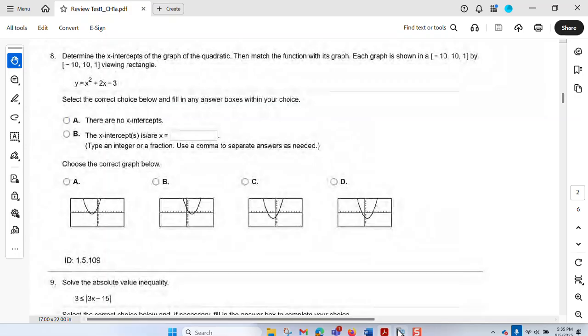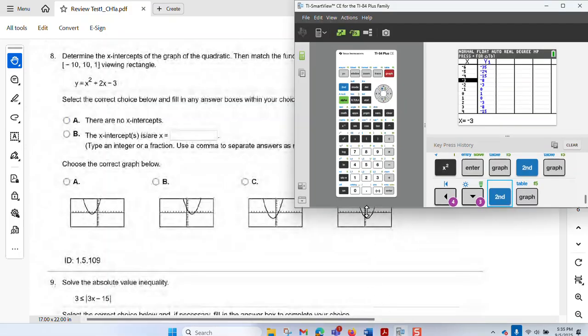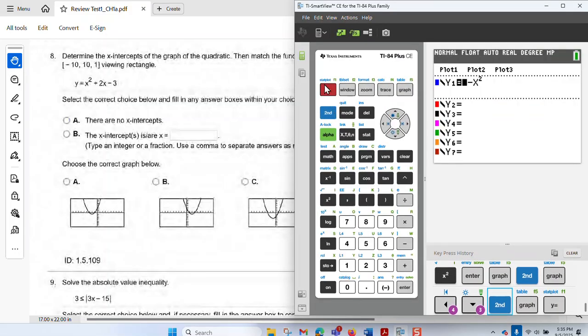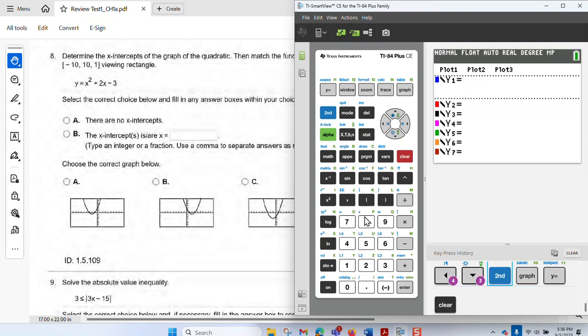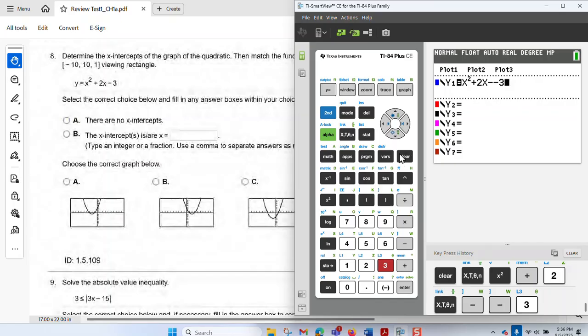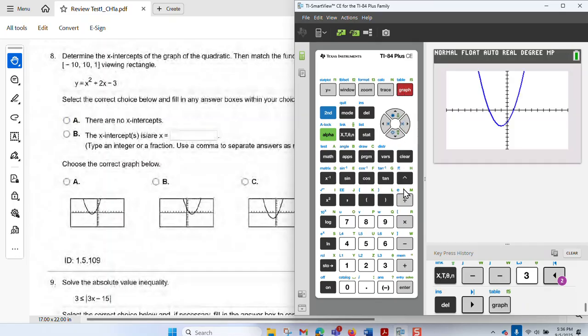We're going to go to y equals here: x squared plus 2x minus 3. Then graph it. We do have an x-intercept.